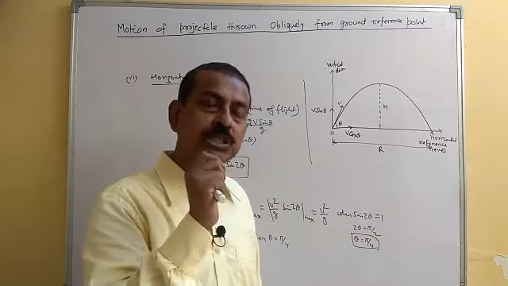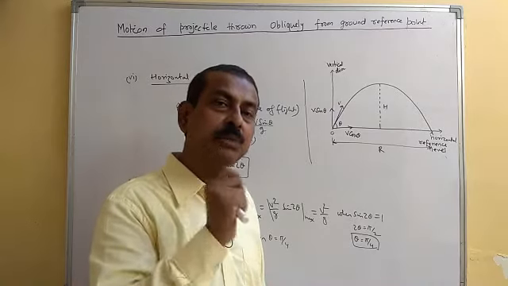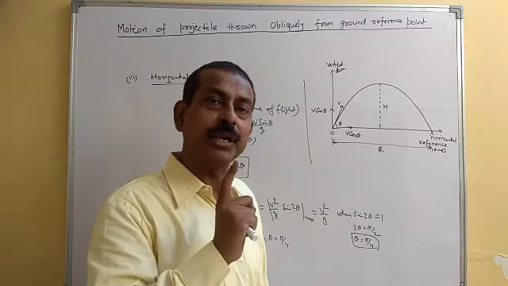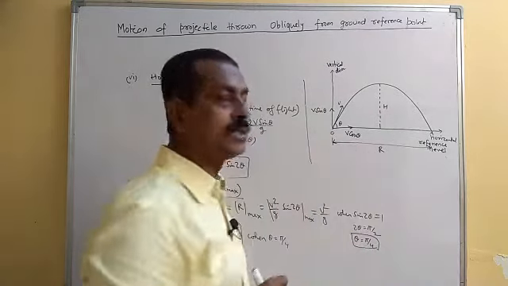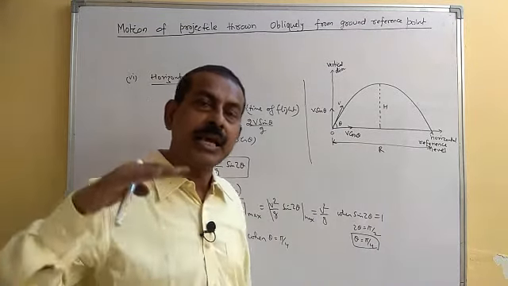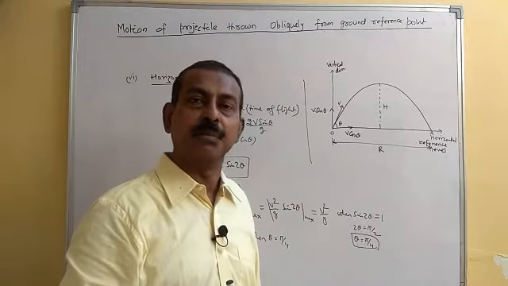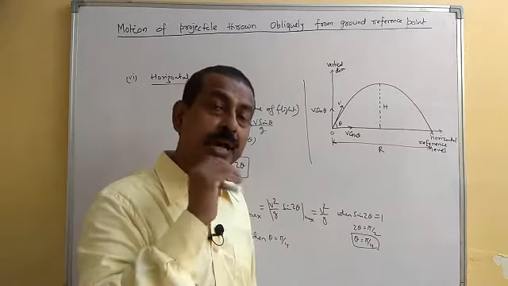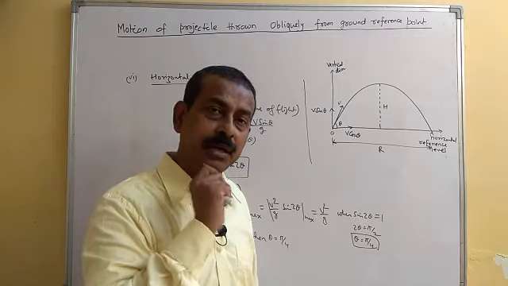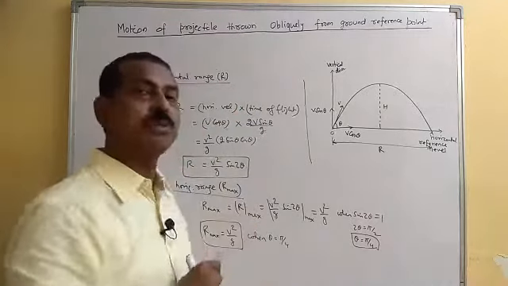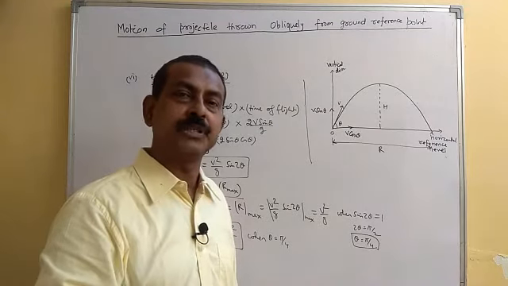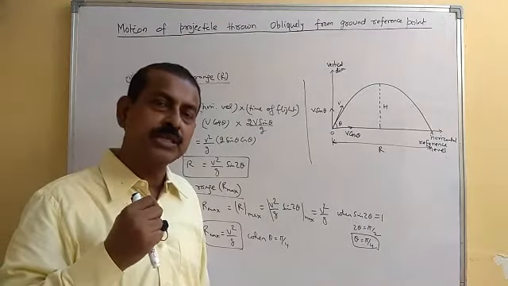Angle of projection will be 45 degrees for maximum horizontal range only when the point of projection and the point where it is ending its journey are at the same horizontal level. If they are not at the same horizontal level, in that case, the angle of projection will be slightly different from 45 degrees. Let's just try to understand.